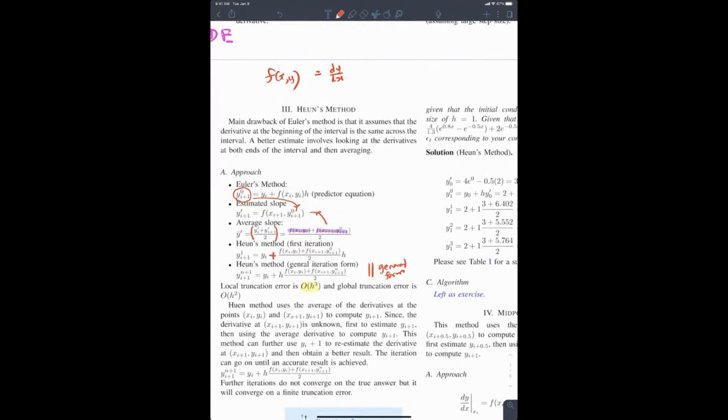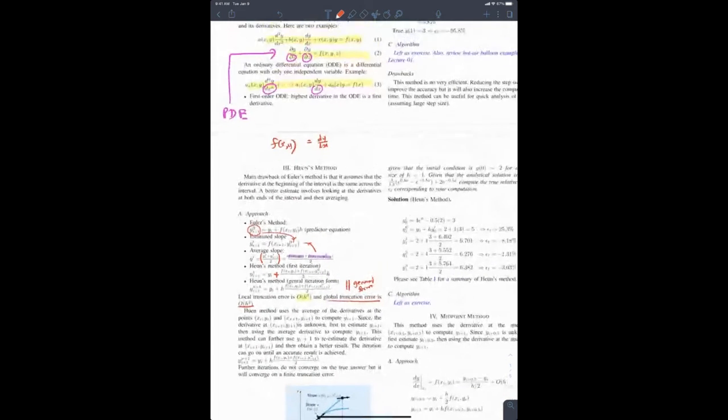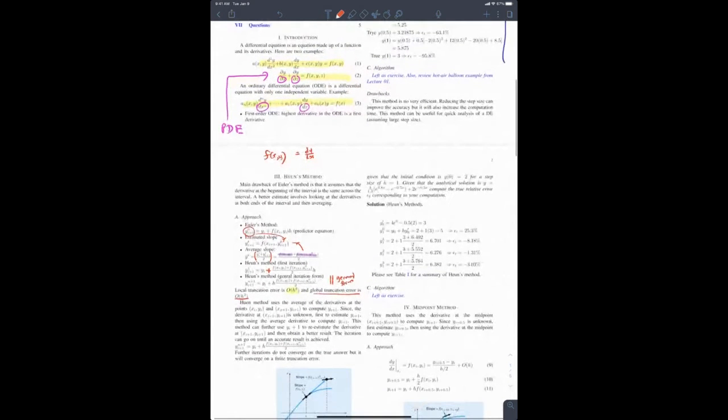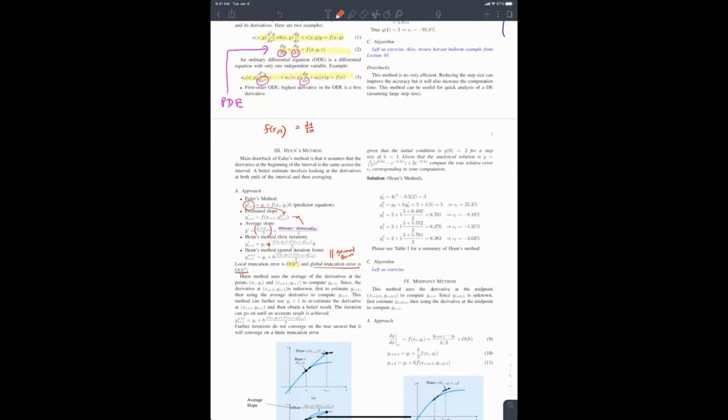And I'm starting to worry that global truncation error is order of h squared. You may have, that's a good question. I cannot answer now, but check the book. All of these come from the book. I'm going to check that and clarify that as well. Okay.